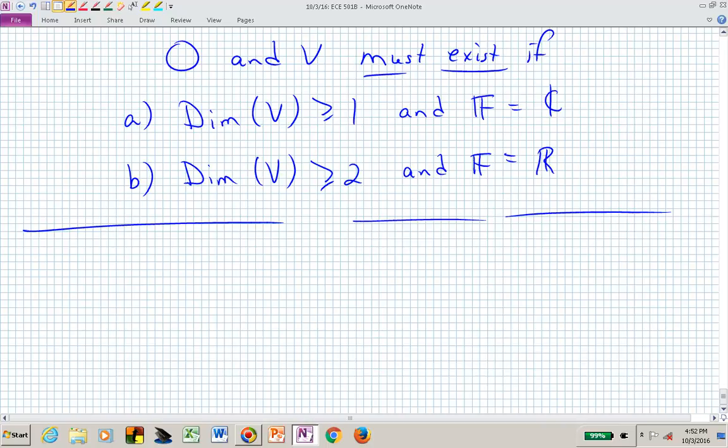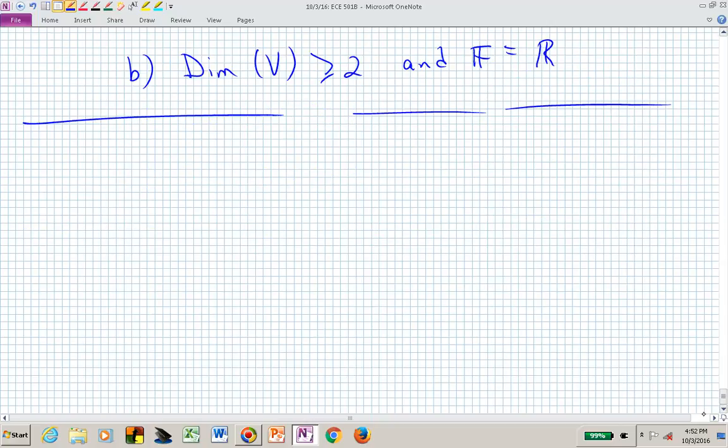Let's now look at some specific first order or one-dimensional invariant subspaces.